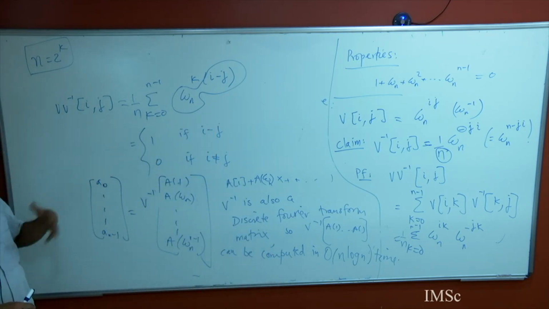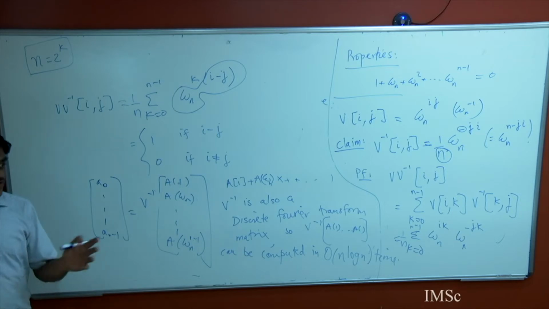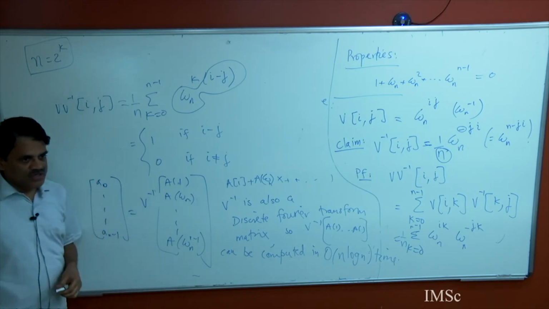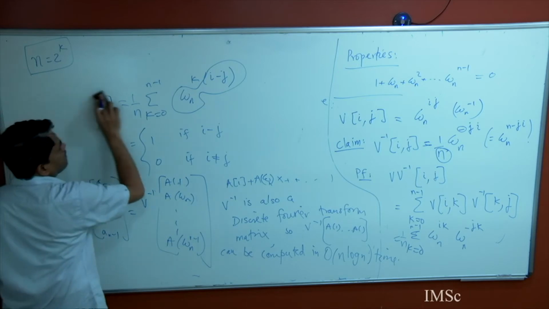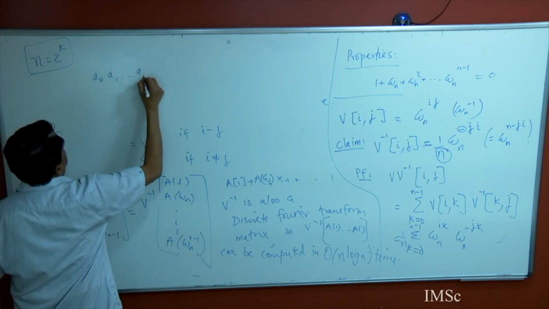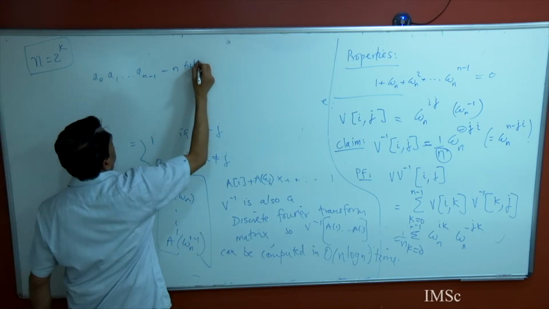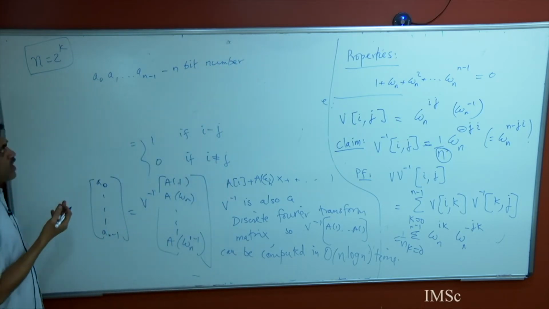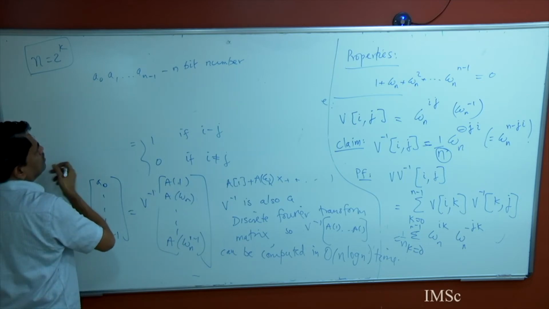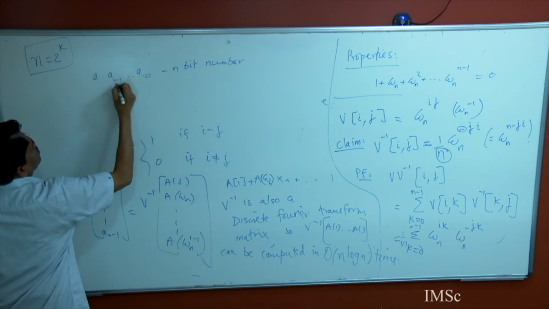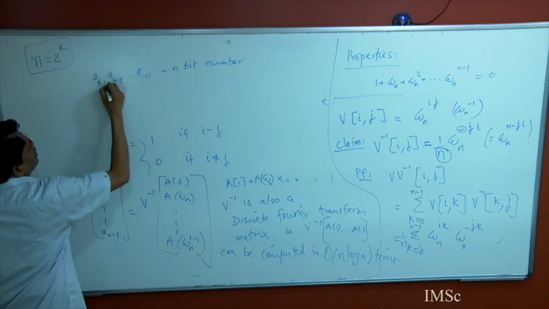Nice way to multiply. In fact, this is useful for integer multiplication too. Remember, if you have n bit numbers, so if I have a0, a1, up to an minus 1, which is an n bit number, what is its value?